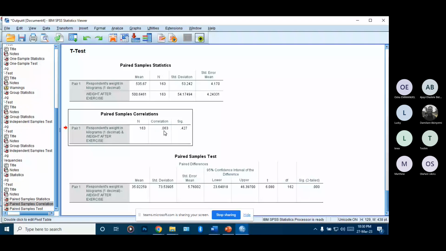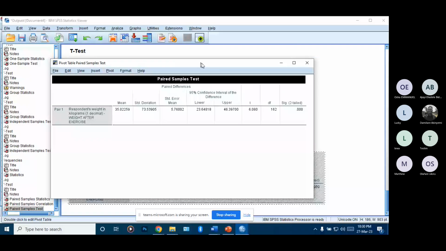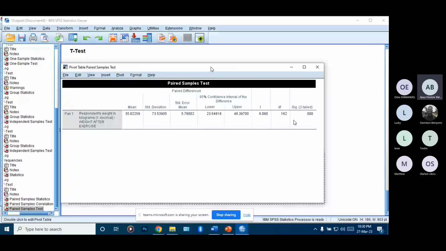Okay. Now, the main test that we are after is the paired sample t-test. We're going to be making our decision with the p-value, which is this. This p-value is very, very close to zero. It is not zero. It is 0.00831, right?